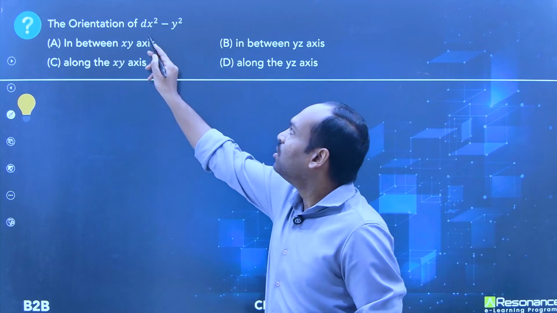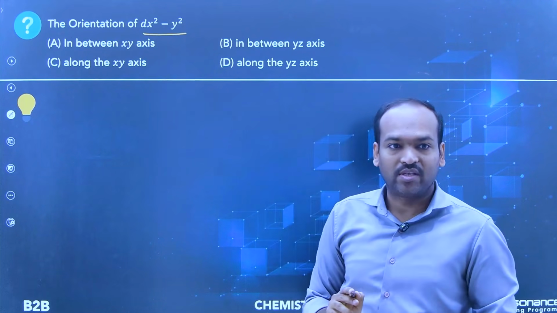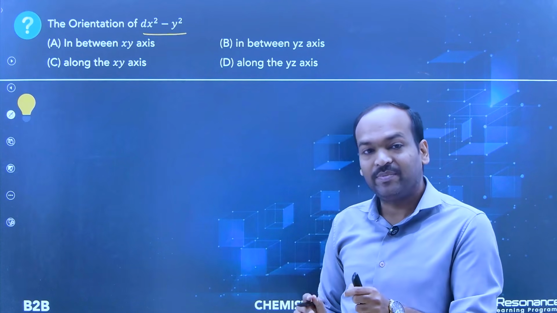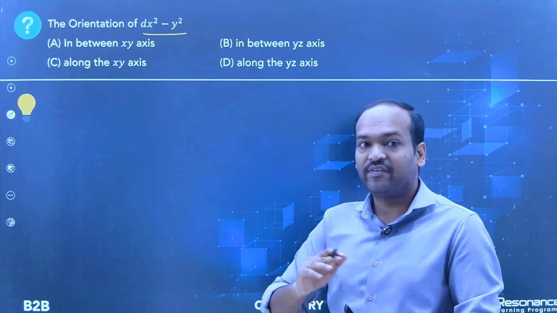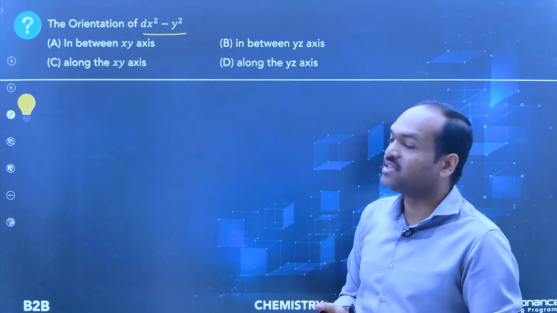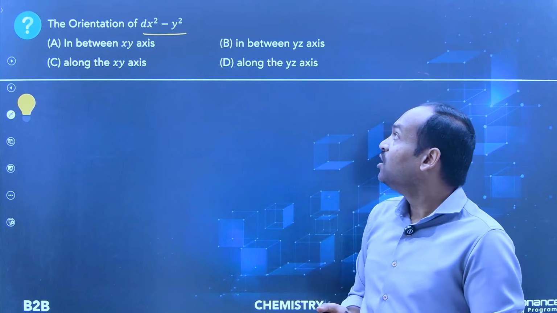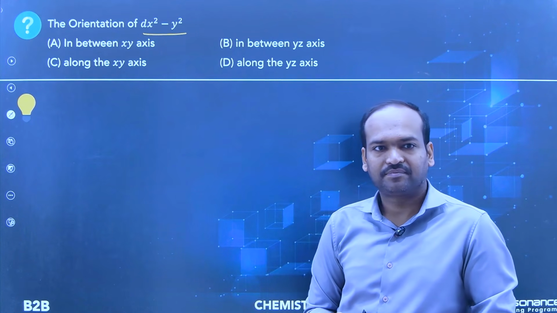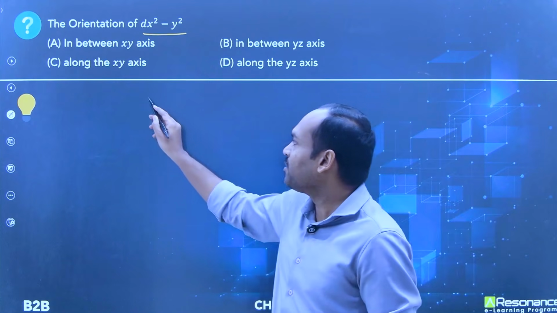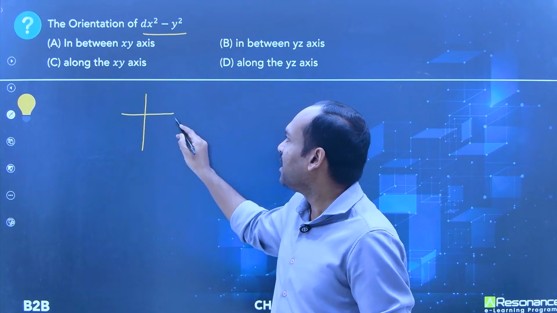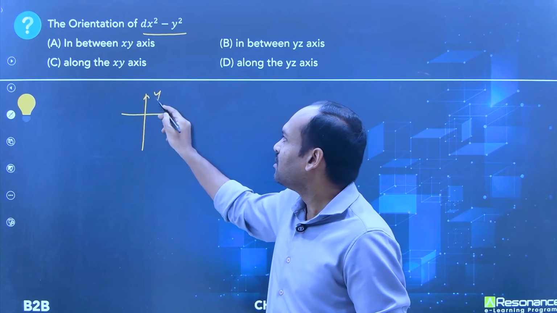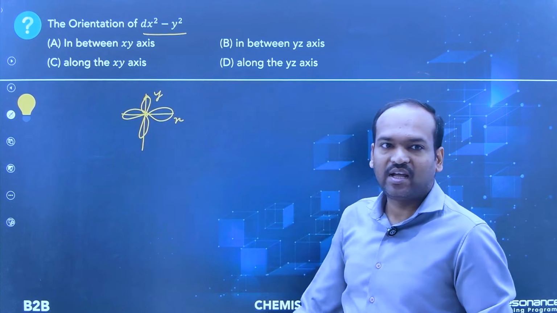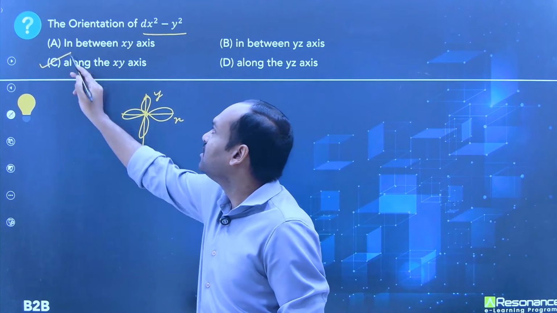dx square minus y square. It is an axial d orbital. Axial means along the axis, or in between the axis? Axial means along the axis. So dx square minus y square is along the x axis.